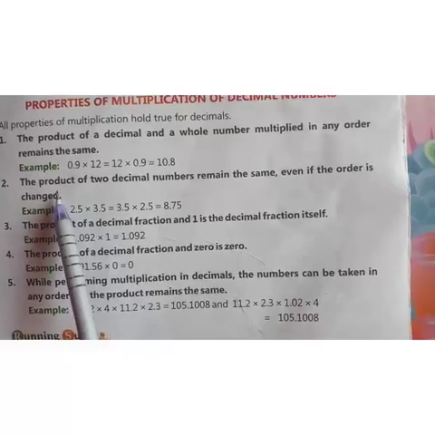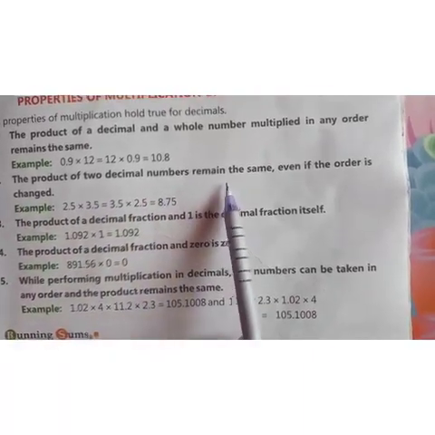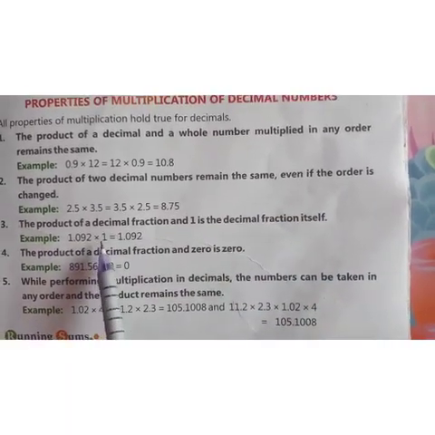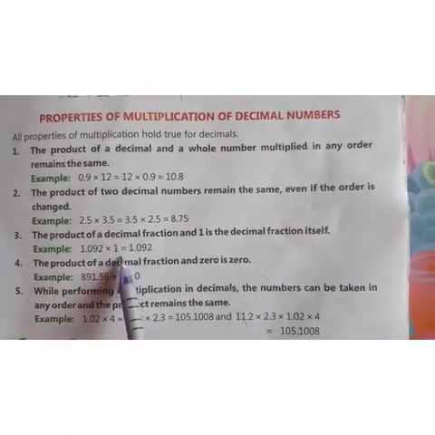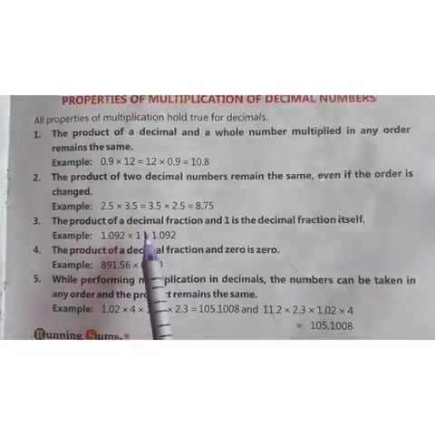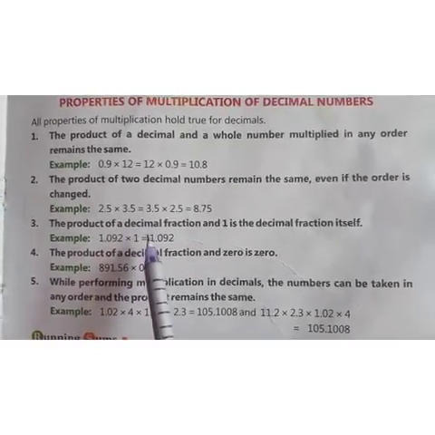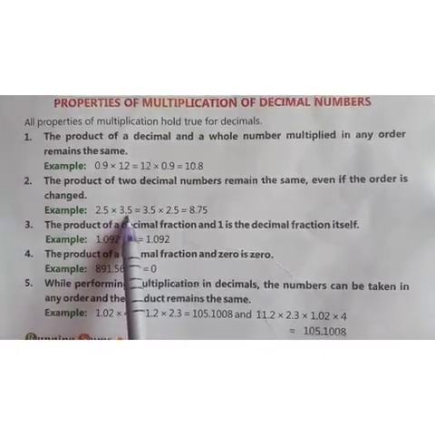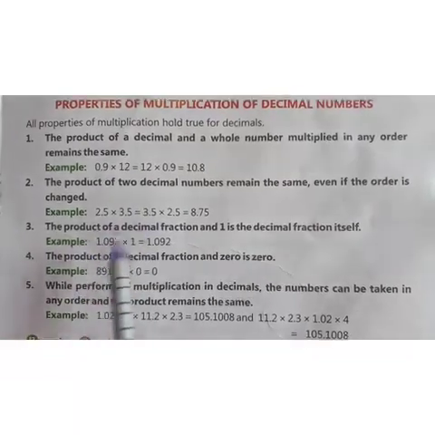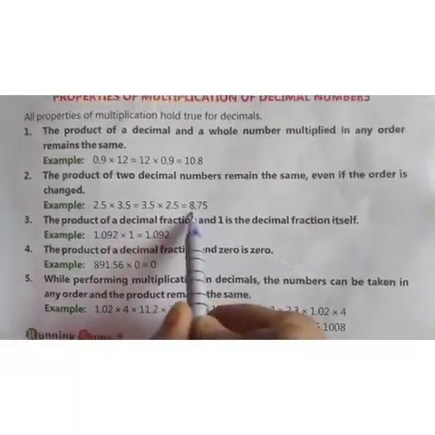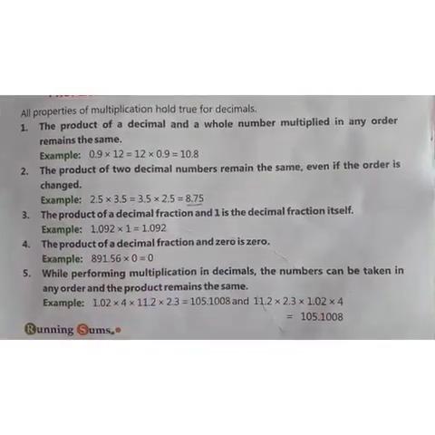Next we have the product of two decimal numbers remains the same even if the order is changed. That is, you have already studied about the properties, right, but without decimals. Now these properties are applied with decimals as well. That is 2.5 into 3.5, or you can also multiply it as 3.5 into 2.5. The answer remains the same.